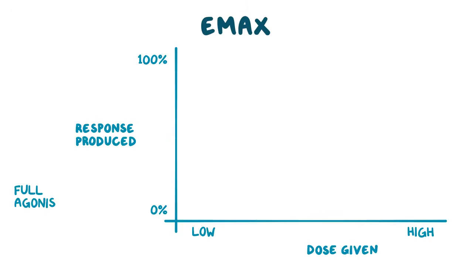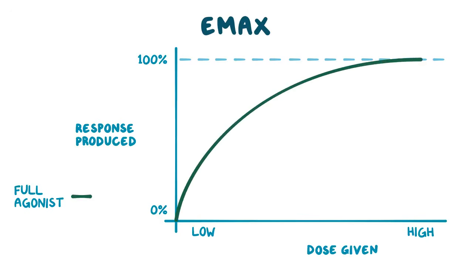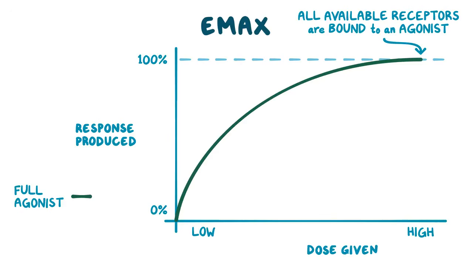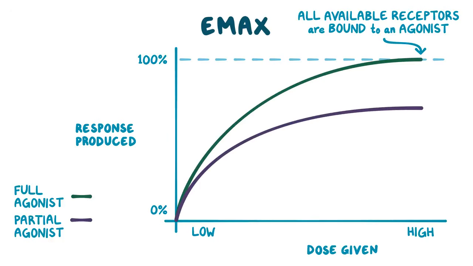So full agonists, upon binding to the receptor at high doses, are capable of producing a maximal response of 100% Emax on the y-axis. This represents the point where all available receptors are bound to an agonist. In contrast, partial agonists, even at a very high dose, result in a smaller response, so their Emax will be lower.